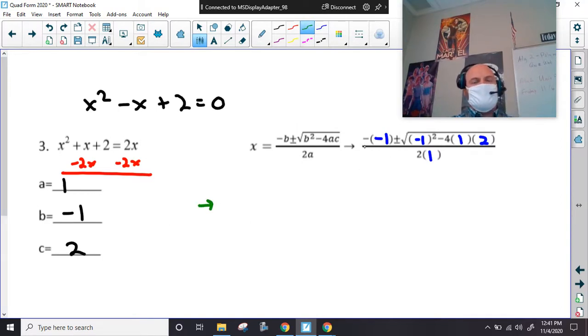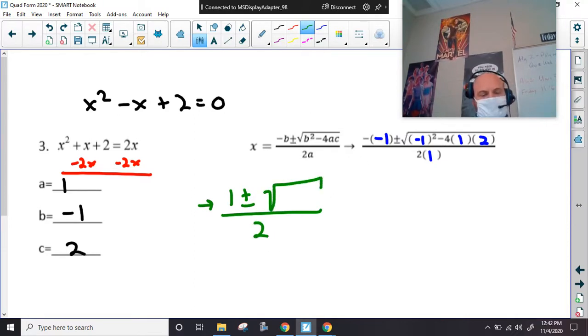So out front, I've got a negative times a negative. Well, that's just positive 1. And then I have 2 right here. Now I have the square root of all this stuff, and this is where I'm going to lose people. This gives me negative 7.